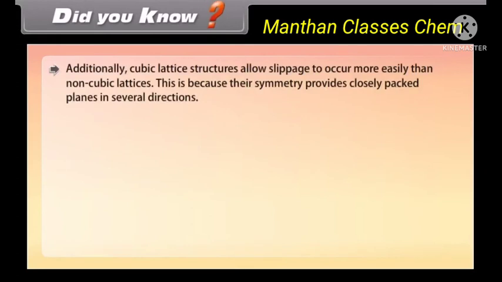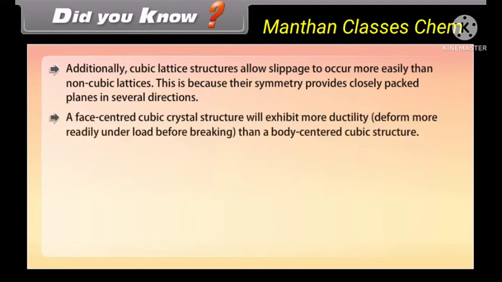Did you know? Cubic lattice structures allow slippage to occur more easily than non-cubic lattices. This is because their symmetry provides closely packed planes in several directions. A face-centered cubic crystal structure will exhibit more ductility, deforming more readily under load before breaking, than a body-centered cubic structure.